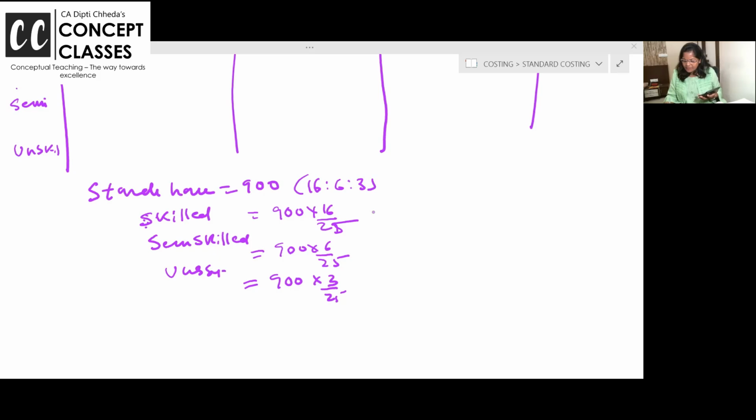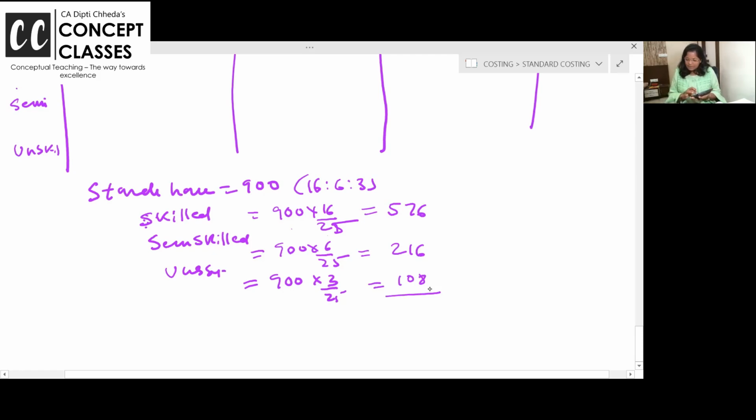What is your standard hours for skilled workers? 576. 900 hours into 16 by 25, 16 workers are skilled. 900 into 6 by 25, 216 are semi-skilled. 900 into 3 by 25, 108.